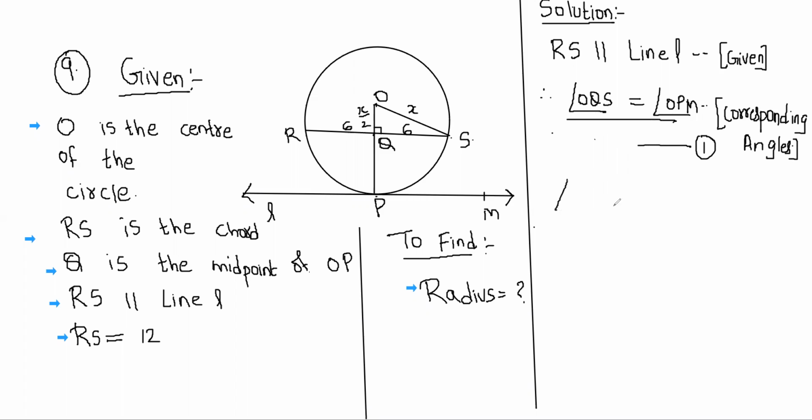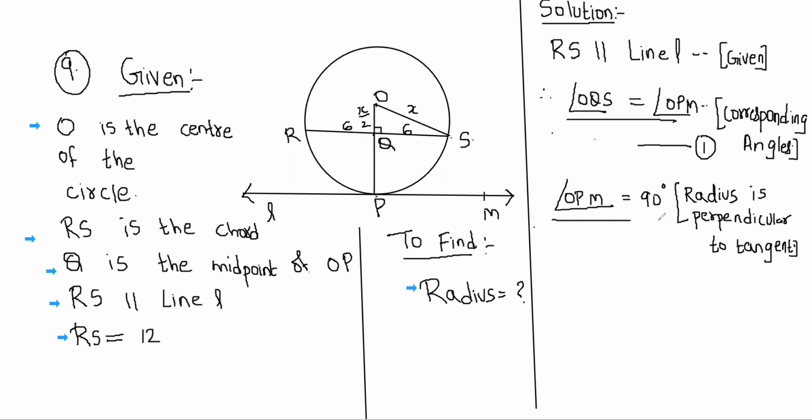Now, we know that angle OPM is 90°. ऐसे कैसे मालूम पड़ा हमको angle OPM is 90°? Because radius is always perpendicular to tangent. Either we can write this reason or we can write tangent theorem. Radius is perpendicular to tangent.